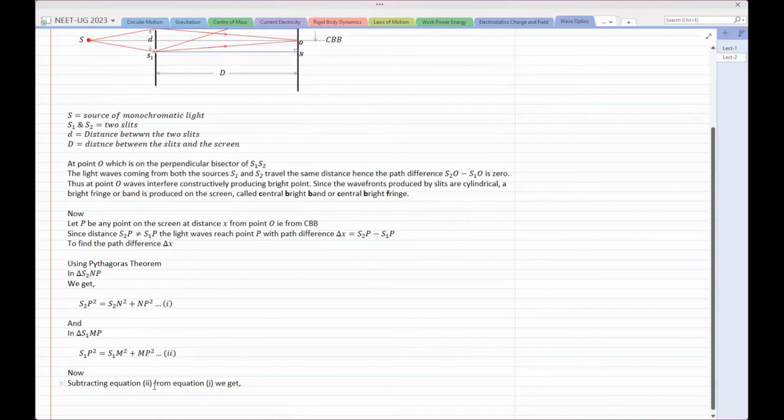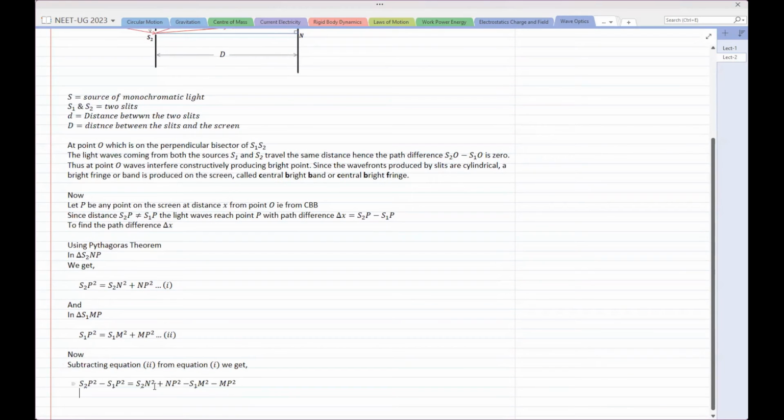Subtracting equation 2 from equation 1, we get S2P square minus S1P square is equal to S2N square plus NP square minus S1M square minus MP square. I have subtracted, okay?